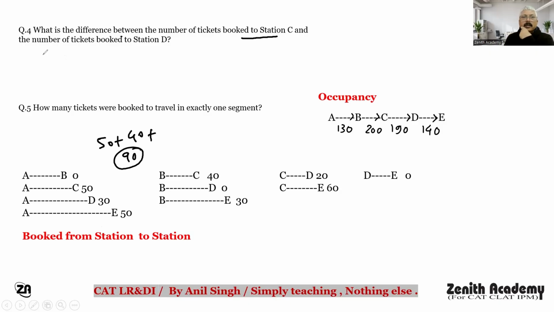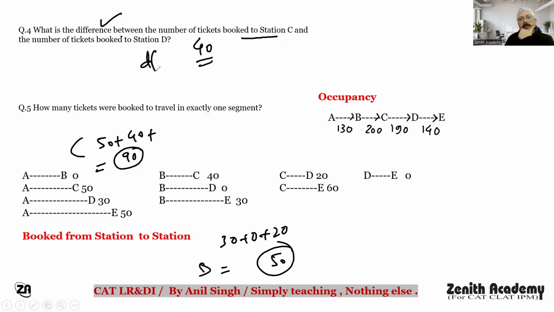And then the number of tickets booked to D, A to D 30, B to D 0, C to D 20. It is 50. क्वेश्चन में डिफरेंस पूछा गया है, station C 90 and to station D 50. So the difference 90 minus 50 is 40. This is the difference.